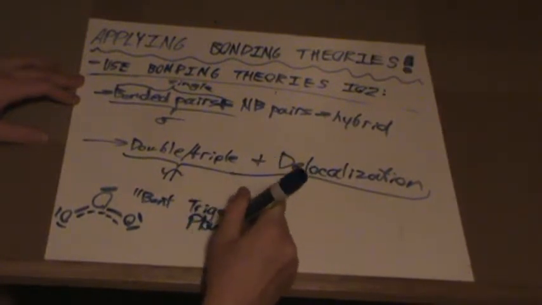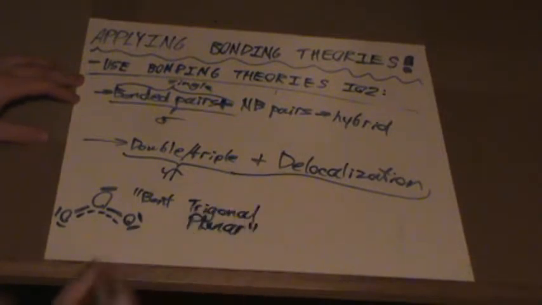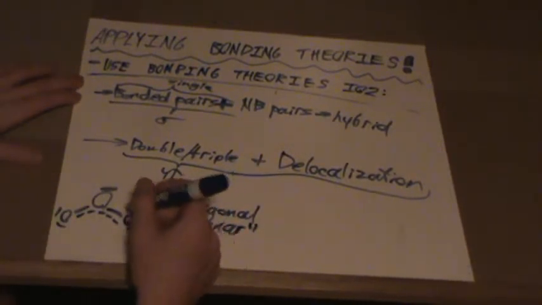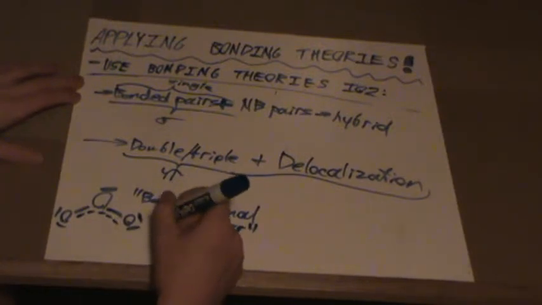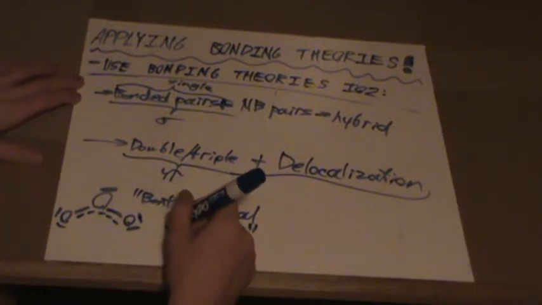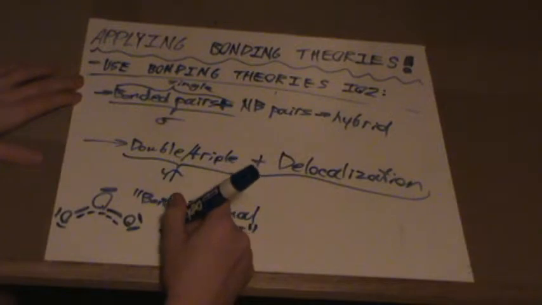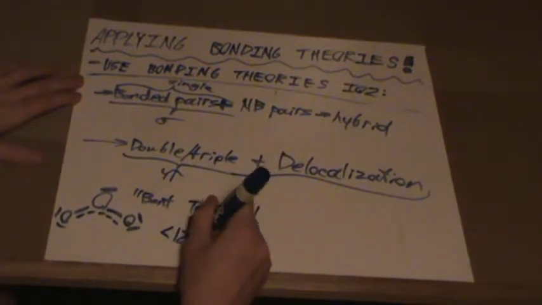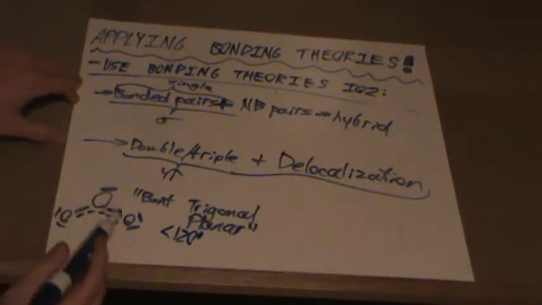And so, associated with this bent trigonal planar geometry is the bond angle of, for sure, less than 120 degrees. And this is true.